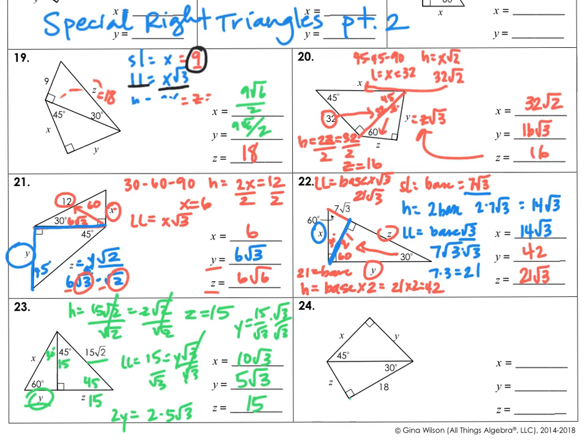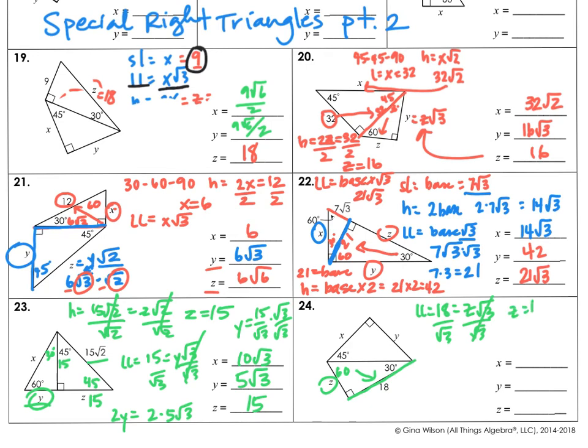It gives us the longer leg length in the 30, 60, 90 triangle. So our longer leg is 18, and our formula is our short leg, which is z root 3. So we divide by root 3, which is the same thing we just did, to get z by itself.